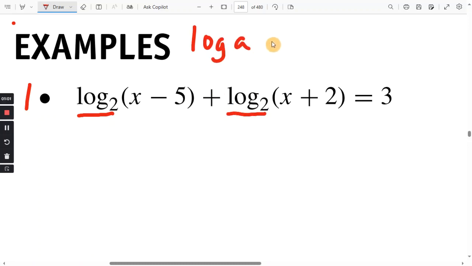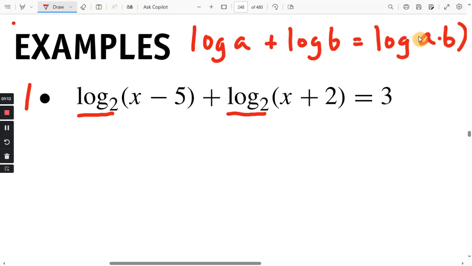Log of A plus log of B equals log of A times B. Since these are both log base 2, I'll keep the log base 2.